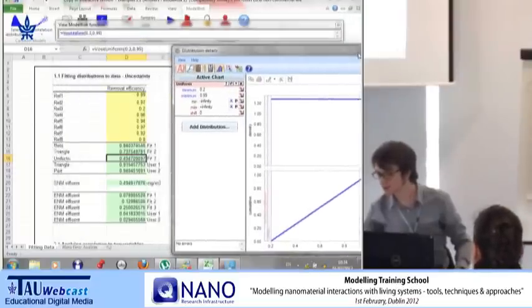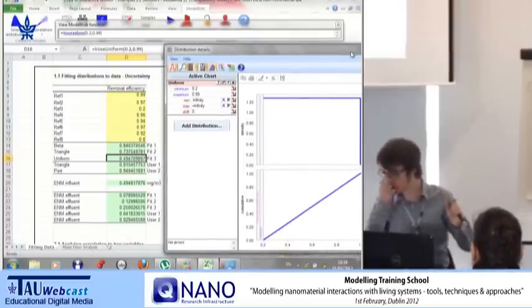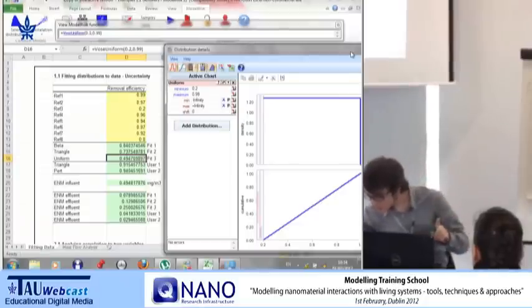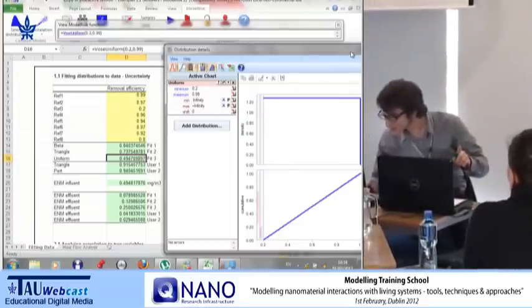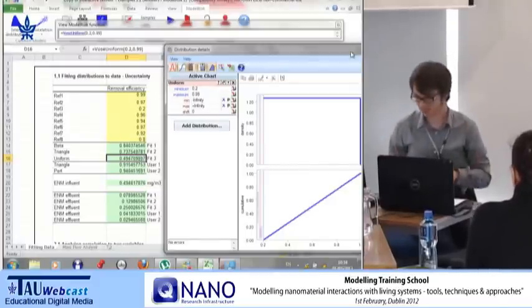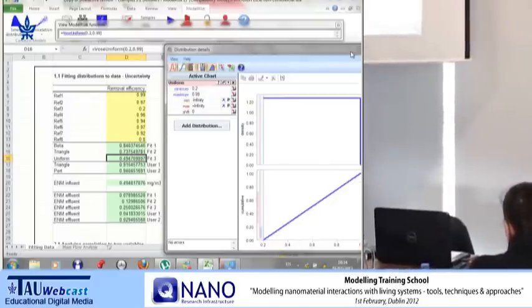This is just representing this input, this uniform input. Section 1.1 is the input, fitting a distribution to data uncertainty. This is how we start.